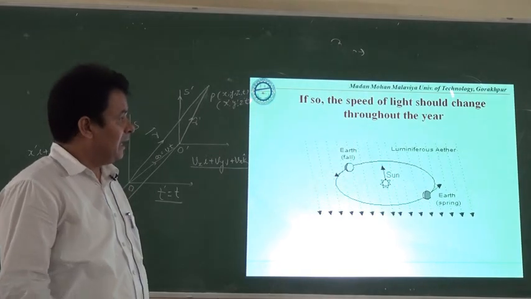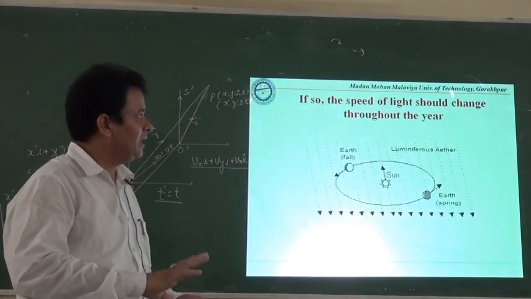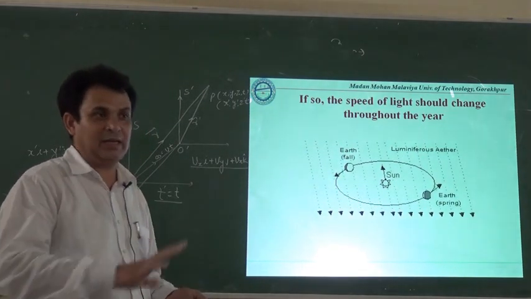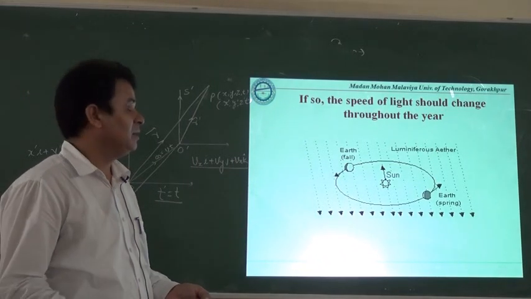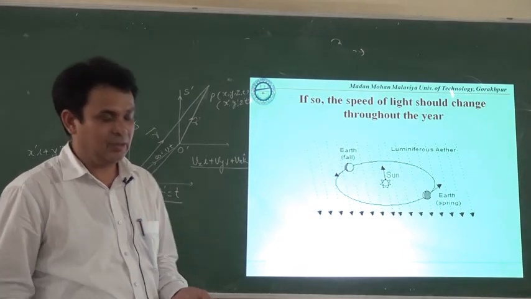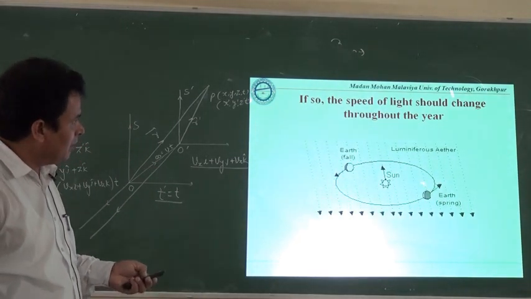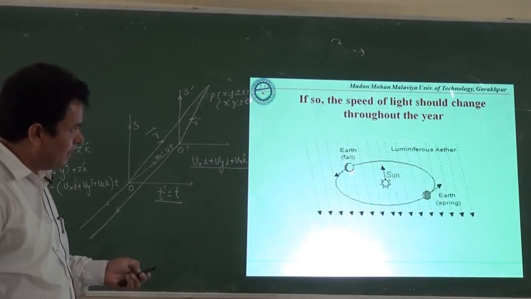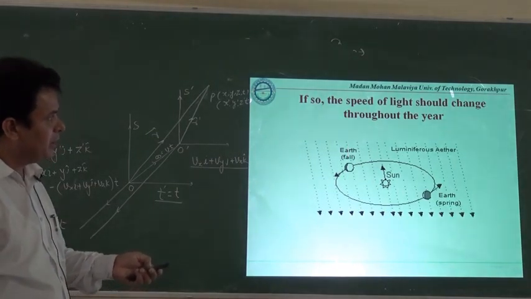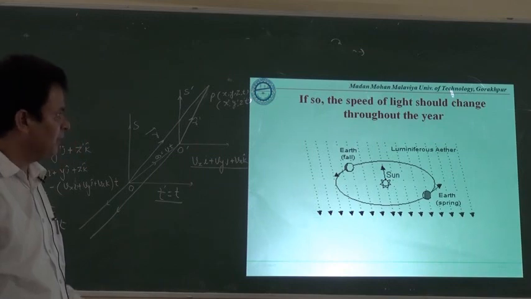Here is another view of the same thing. If there is relative motion between the Earth and the ether, as well as between the ether and the speed of light, let us see what the situation is. Here the Earth is moving around the Sun throughout the year, and this luminiferous ether medium is here, in which the entire universe is immersed.